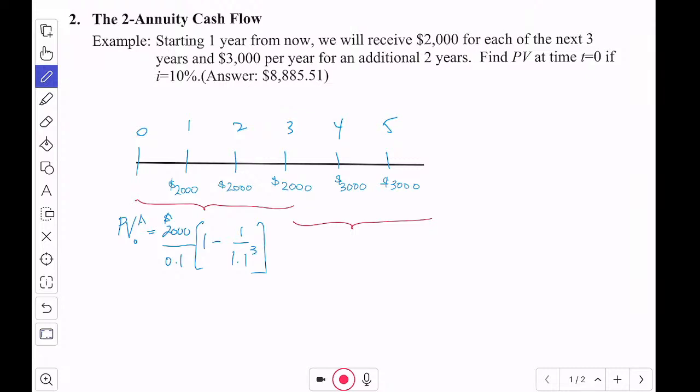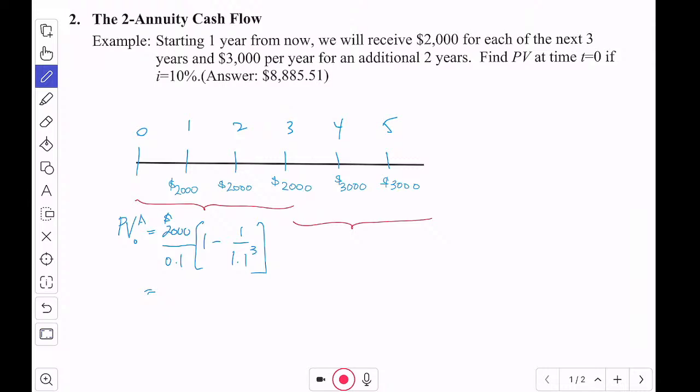And we can calculate that with the calculator. Three periods, 10%, $2,000 payment, 0 into FV, and you compute PV.